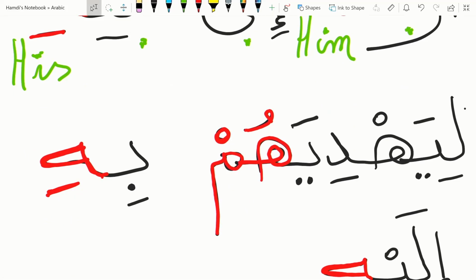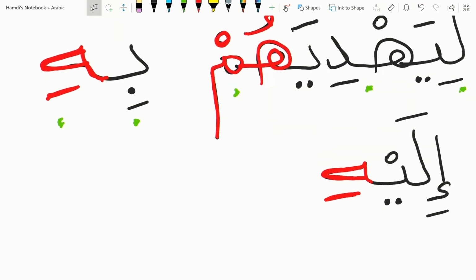And follow the pen to know that and write the translation. To guide them. By him, by, be, he, him, by him, towards him.